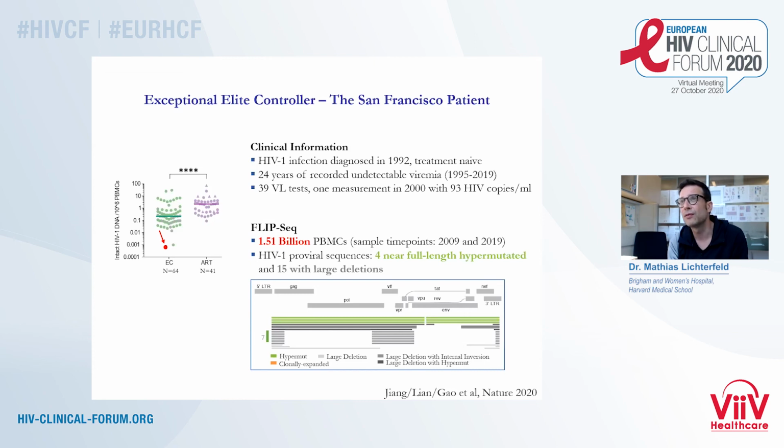We found 4 hypermutated sequences, and we found 15 sequences with large deletions. All of these are defective proviruses. And it's clearly indicating that this patient was infected with HIV at one point in the past. But we have failed to identify intact proviruses out of 1.5 billion cells.